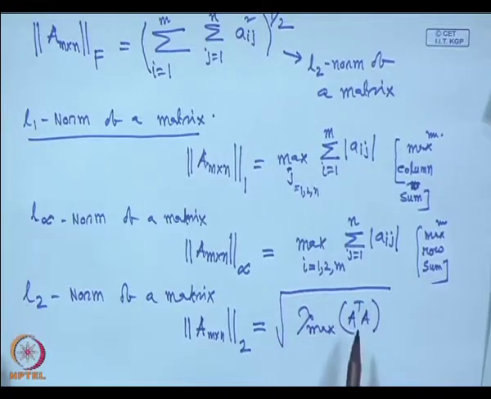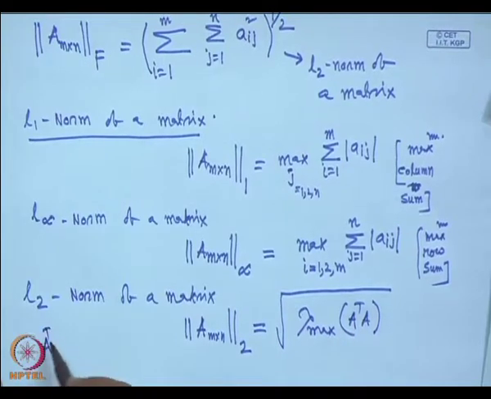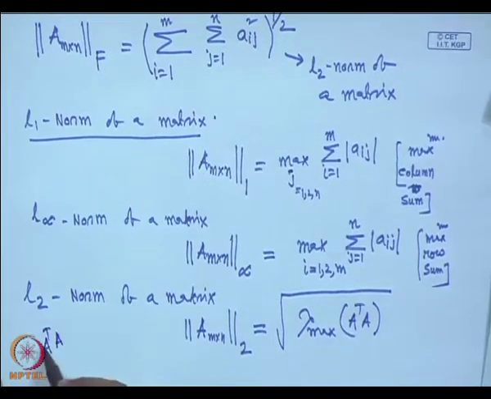That means A is a rectangular matrix. You see, A is a rectangular matrix, and if you take A transpose, its dimension will be n cross m, and the dimension of A I know is m cross n.